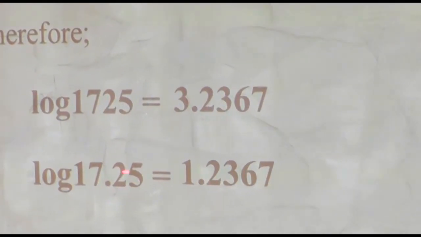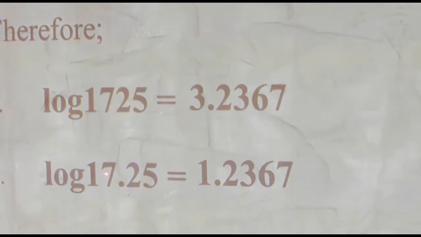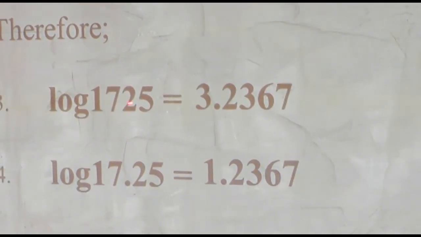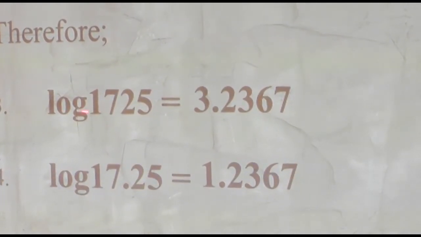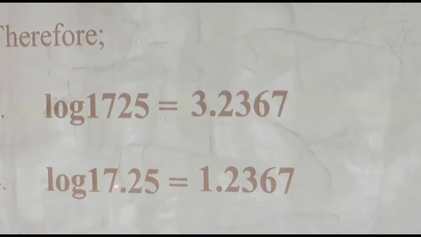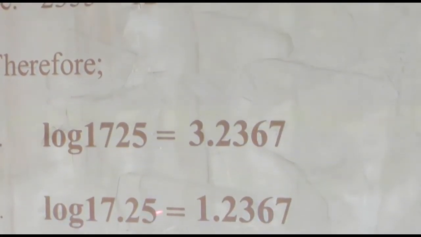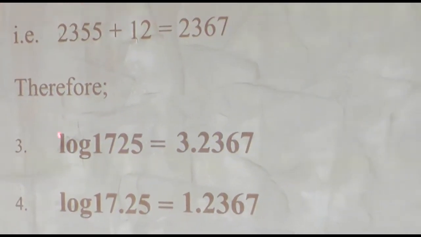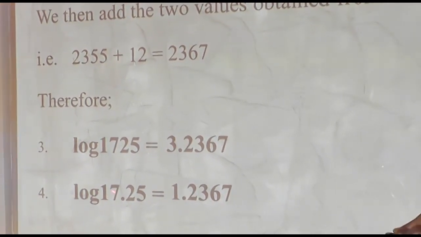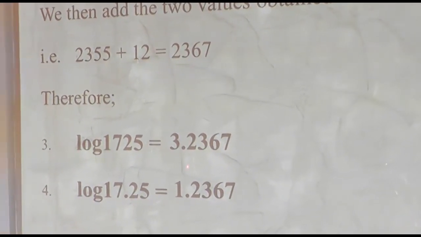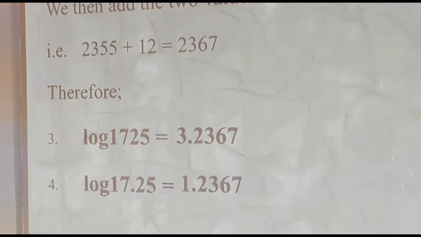Here there are 4 figures as whole numbers, while here there are only 2 figures that are whole numbers. These other parts are decimals, so we consider only the whole numbers to get the characteristic.